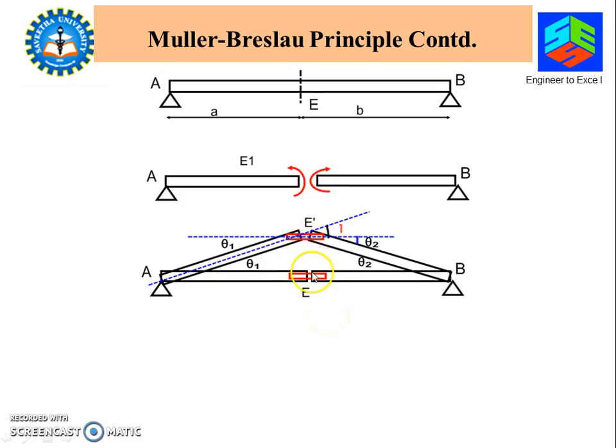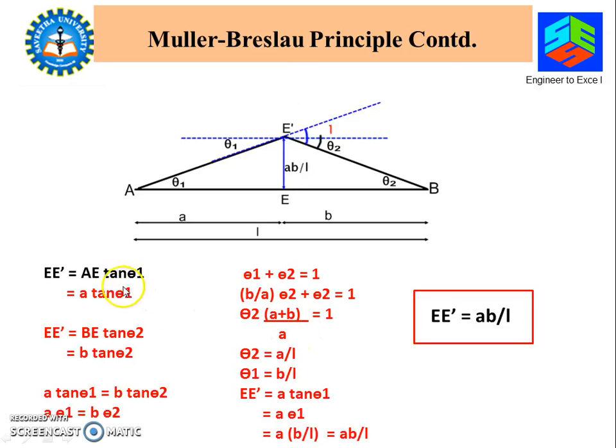So how do we find out these values from this geometry? See here, EE dash is what we want to find out. EE dash is nothing but AE into tan theta 1, because this rotation is theta 1 and this is theta 2. Applying these properties of the triangle, EE dash is equal to A tan theta 1.